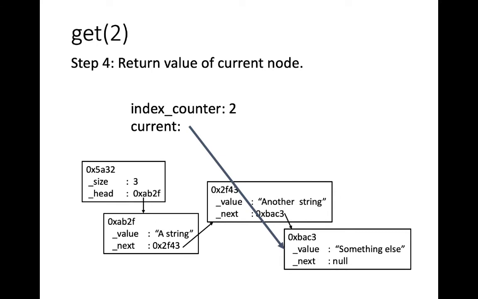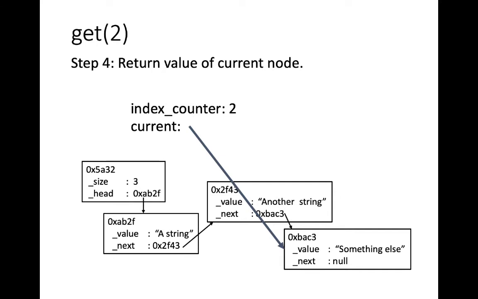Right? So did anyone have any additional questions about how we were able to implement get? First, we accepted as a parameter to get an index to get. We can check that index for being valid by doing the appropriate checks against size. Right? Can't be negative, can't be greater than size minus 1.